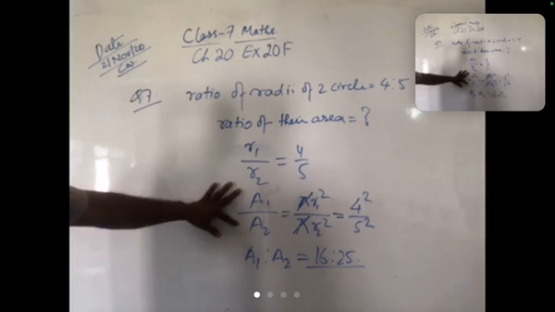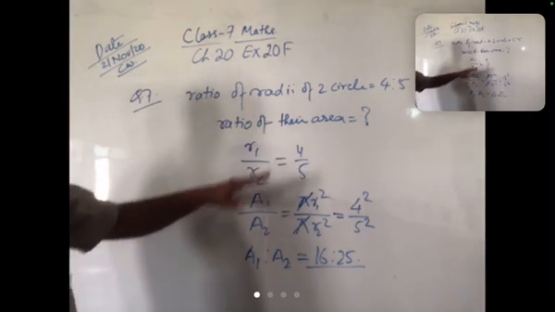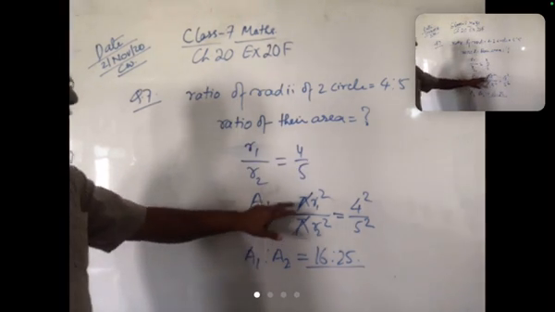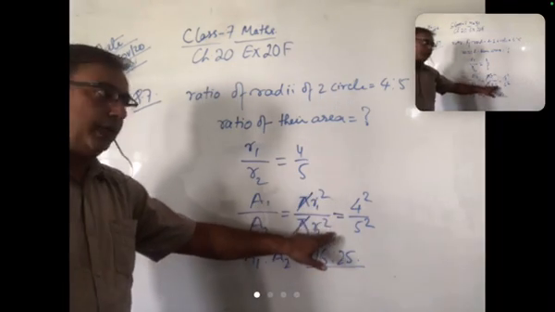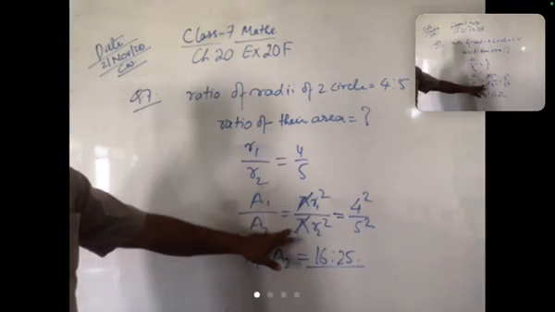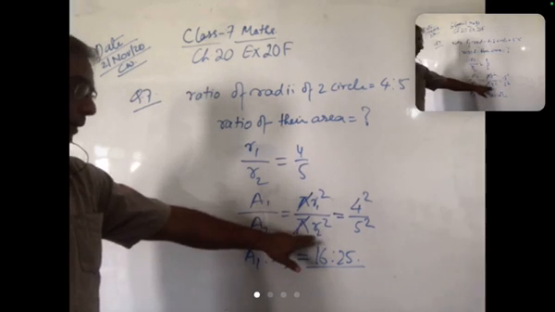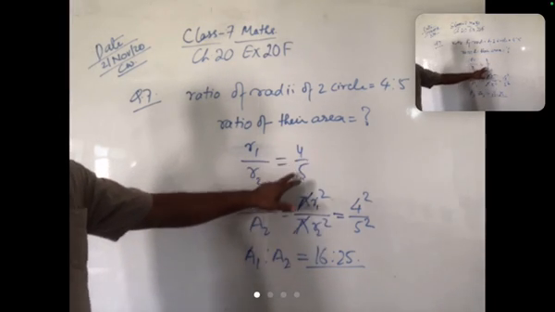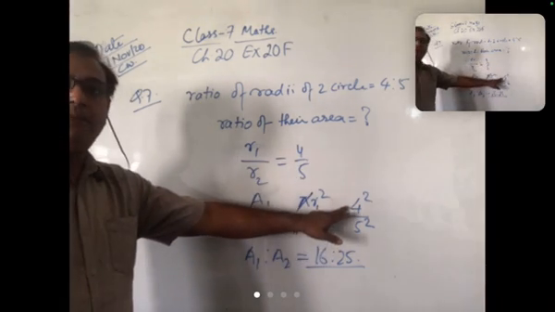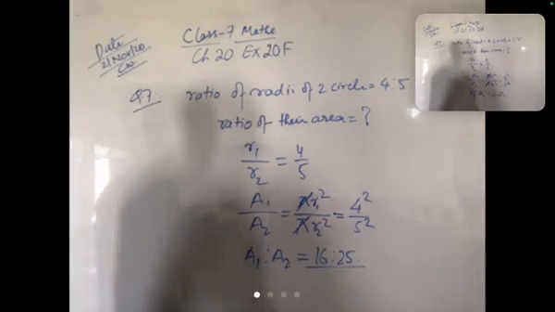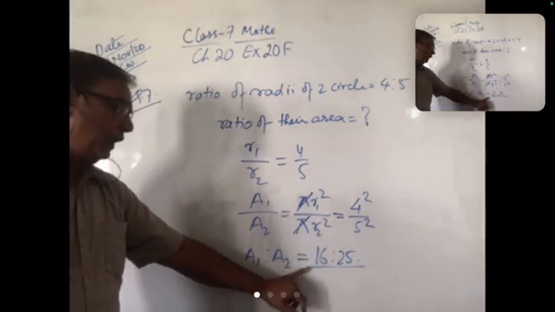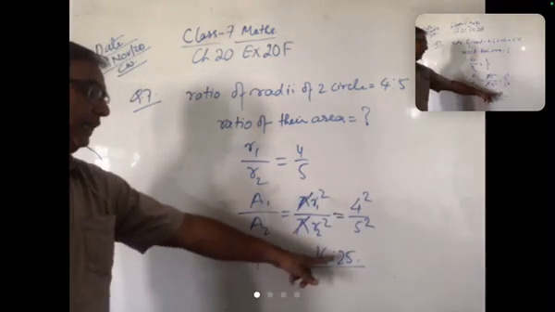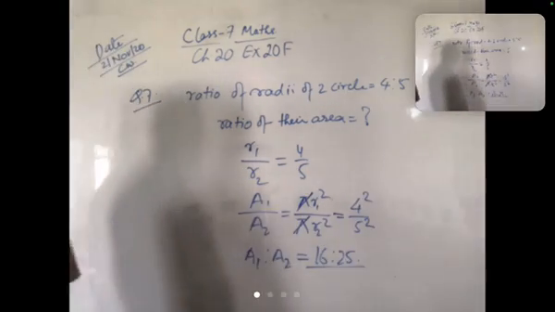We have to find A1 upon A2. So, A1 upon A2 is equal to pi R1 square upon pi R2 square. Pi is cancelled. So, it will be 4 square upon 5 square. Now, area 1 is to area 2 is equal to 4 square is 16 and 5 square is 25.